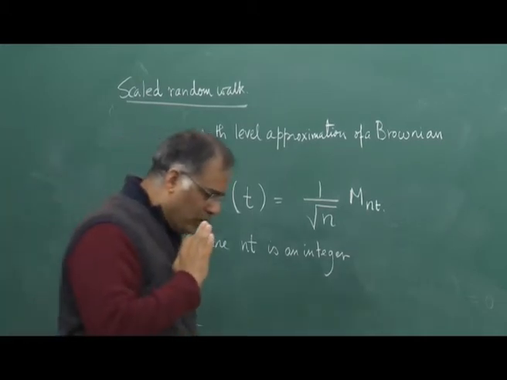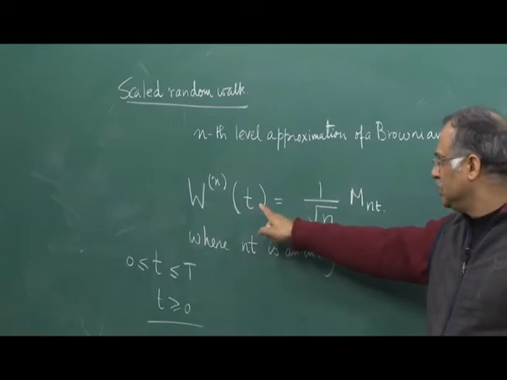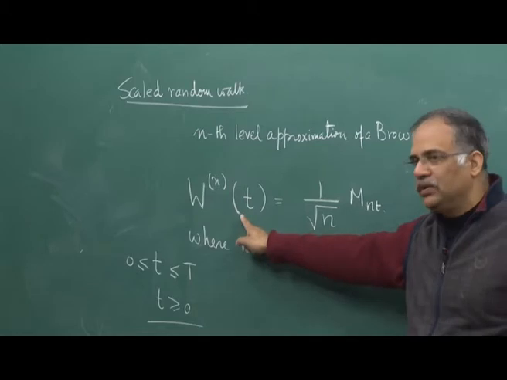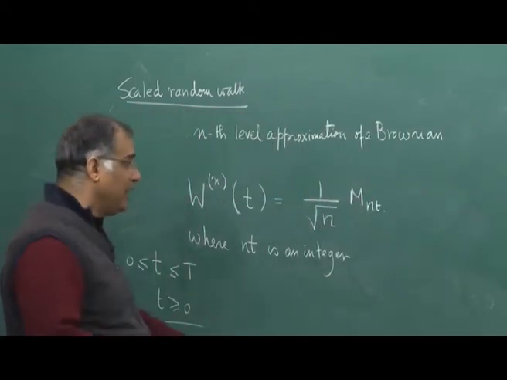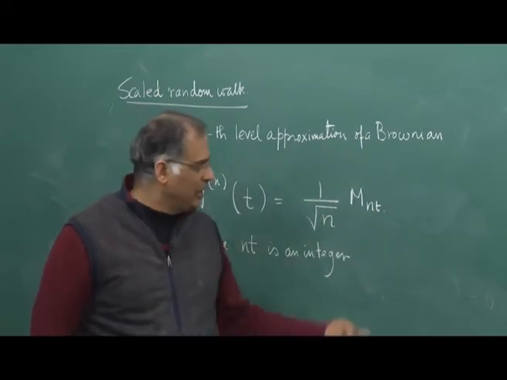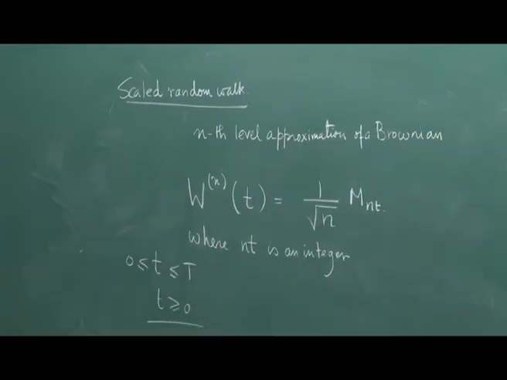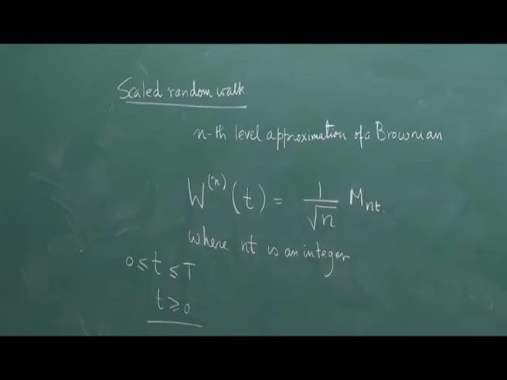I am using the discrete thing to construct a continuous stochastic process. But I have to be aware that at the nth level approximation, nt has to be an integer if I want to actually compute this. Otherwise, M is a discrete thing, computed only at integer points; you cannot compute it at non-integer points.